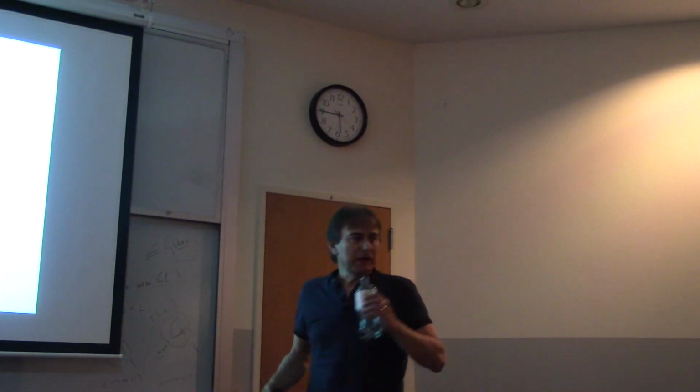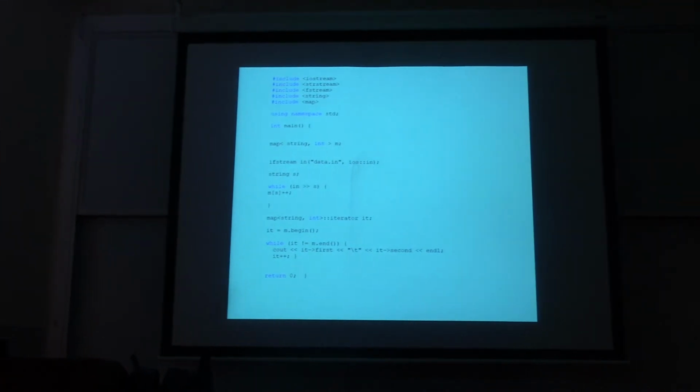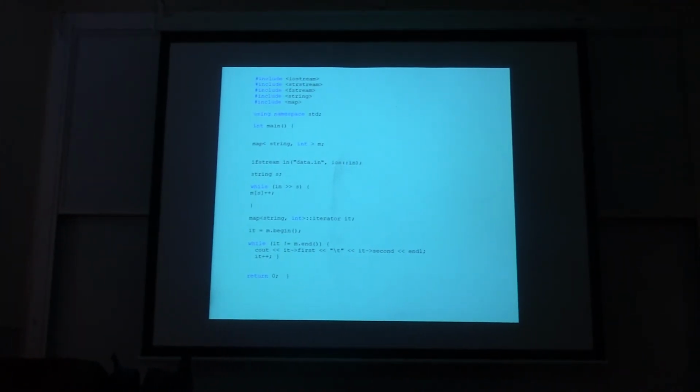Okay, map, think of map as basically a big array, if you want. It has keys on the left side, values on the right side. So that means map sub S, or M sub S, is indexing into that array at index S. You might say, what the heck is that index S?